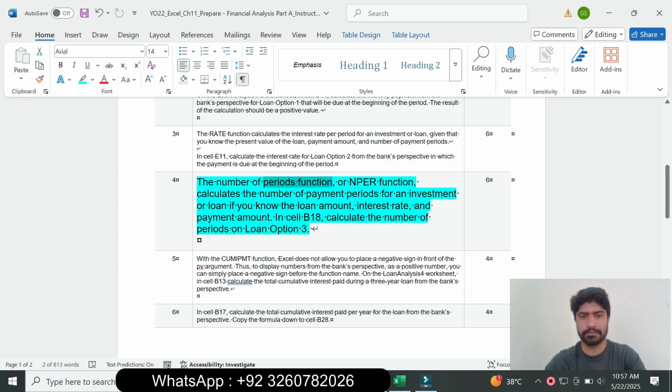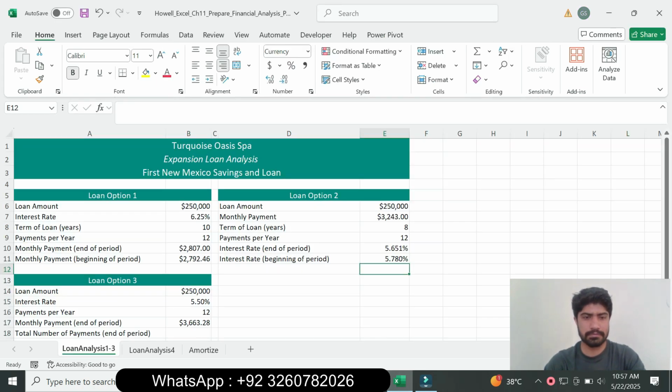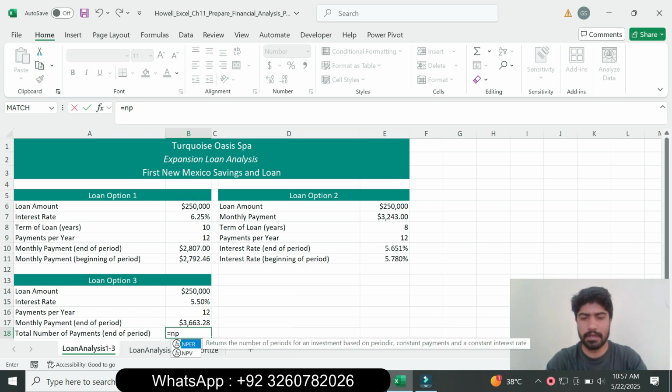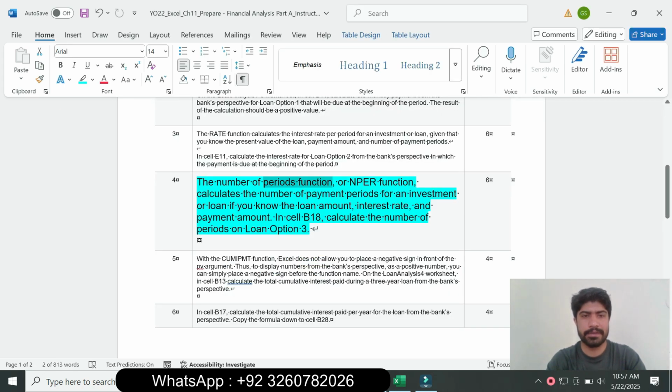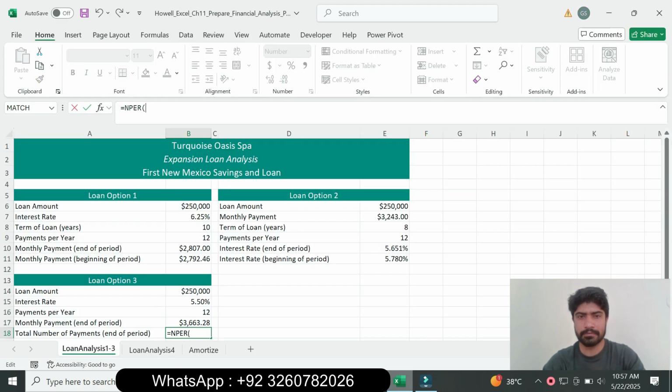So select cell B18 and insert the NPER function. Type equal to and type the NPER function. Select B15, the interest rate, and type divided by payments per year in cell B16.